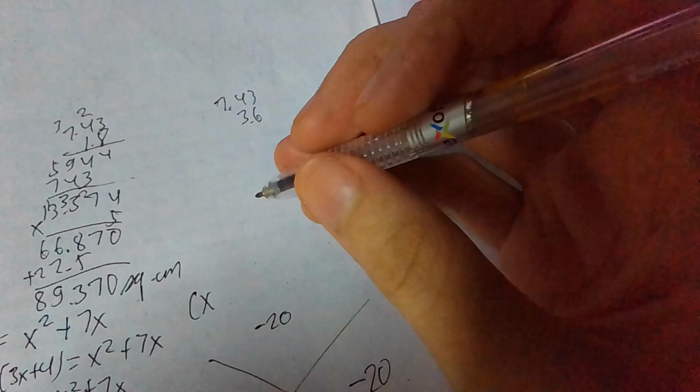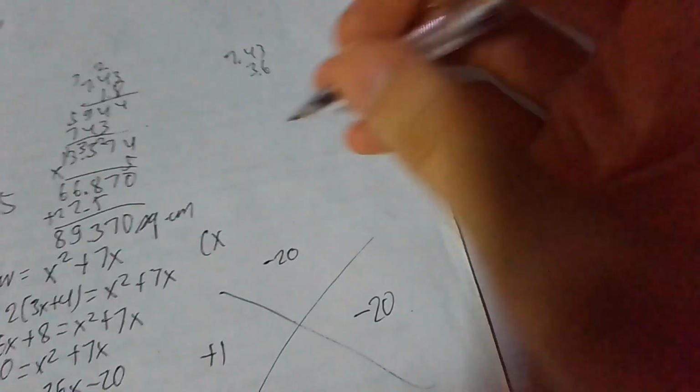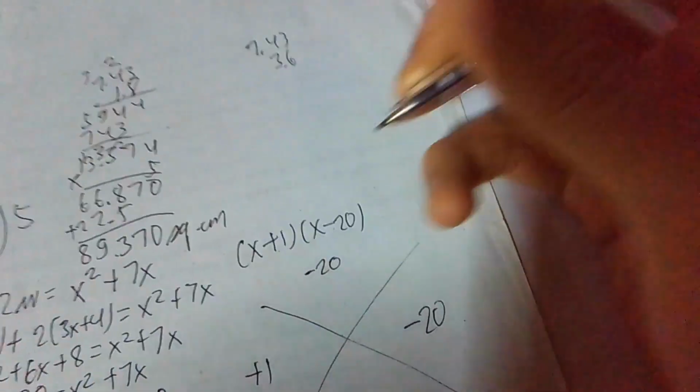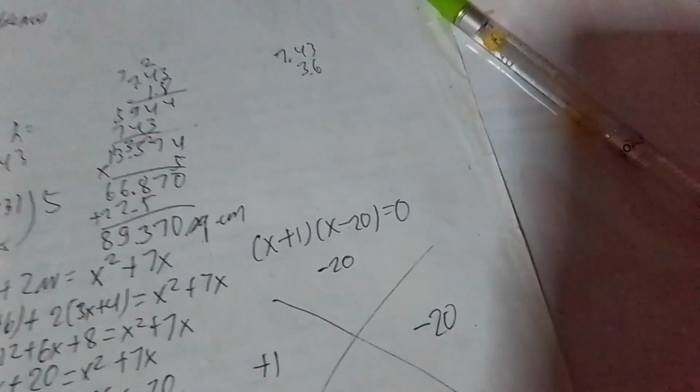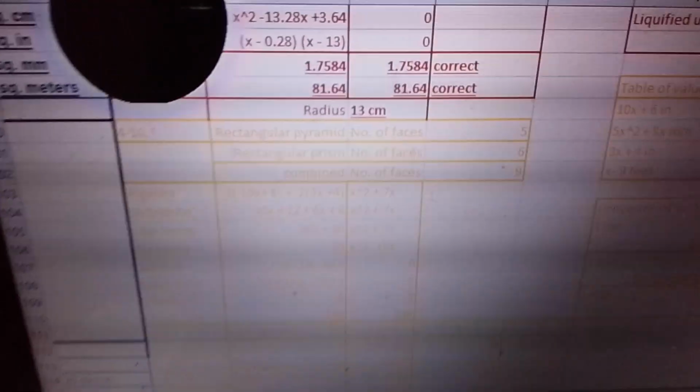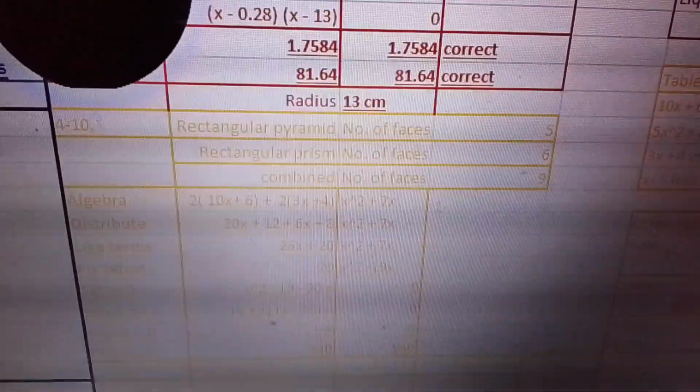So yun po yung sagot. So therefore, x is equivalent to positive 1 or x minus 20 equals 0. Yan. Let me show you the solution sheet. Yes, very good. Although hindi siya makikita dahil yellow siya.